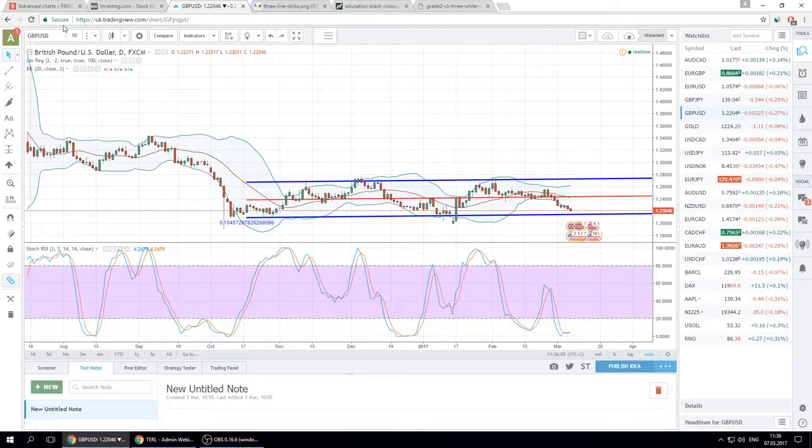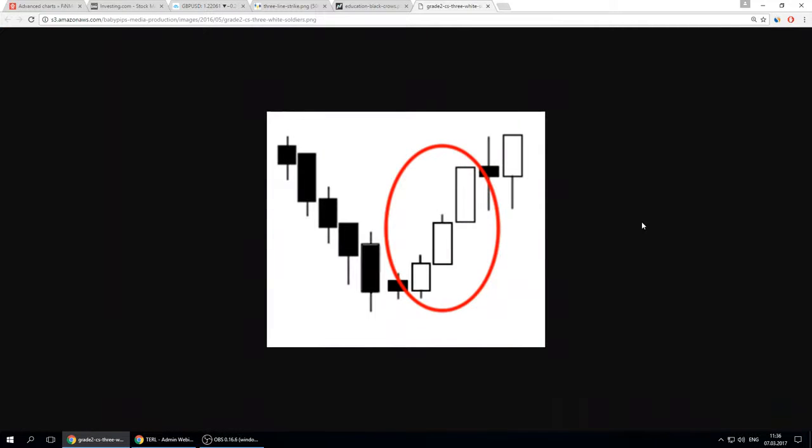Okay. Well, also, the opposite of 3 black crows is the pattern which is called 3 white soldiers. You can see it here. So the description is basically the same. 3 white soldiers appear at the end of the downtrend, and they show us the start of a bullish trend.